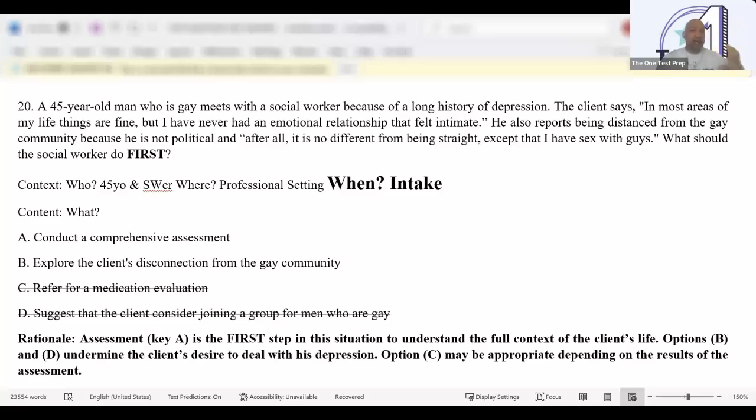So it helps me understand biologically what's happening with your body, psychologically what's going on with your mind and your emotions, and socially, do you live at home or are you homeless, or do you have a job or are you unemployed?" It helps me understand the different aspects of your life, and it helps me put a framework and a context around what your experience is right now. So that's what we're doing. We want to understand more about this man's life, and this is the first step.